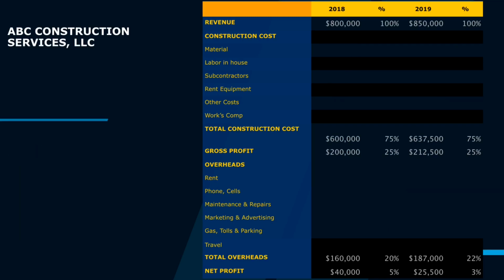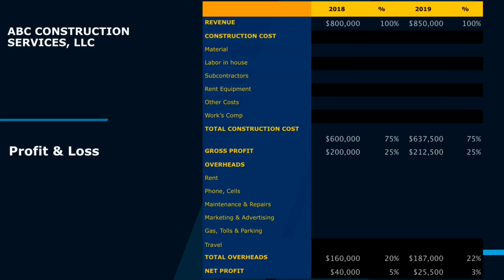Let's look at the 2018 profit and loss from ABC Construction Services LLC. As you can see, the company registered $800,000 as a revenue that represents 100%. In the same year, the company registered $600,000 as a construction cost that represents 75% of their sales.